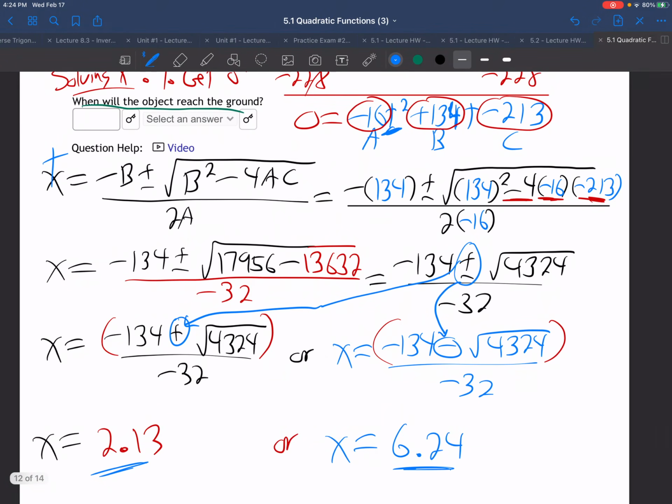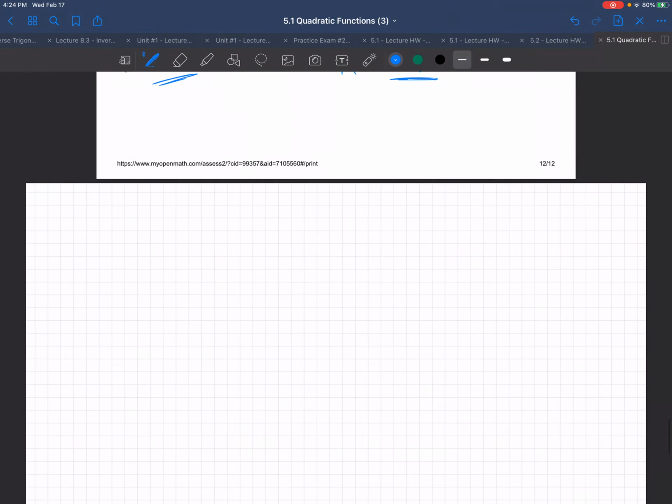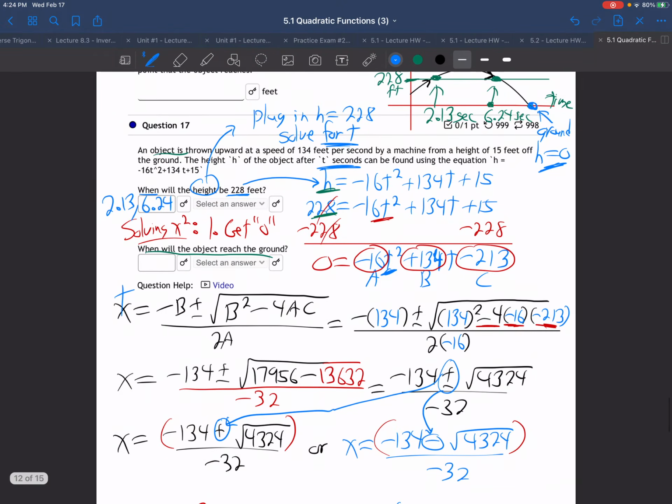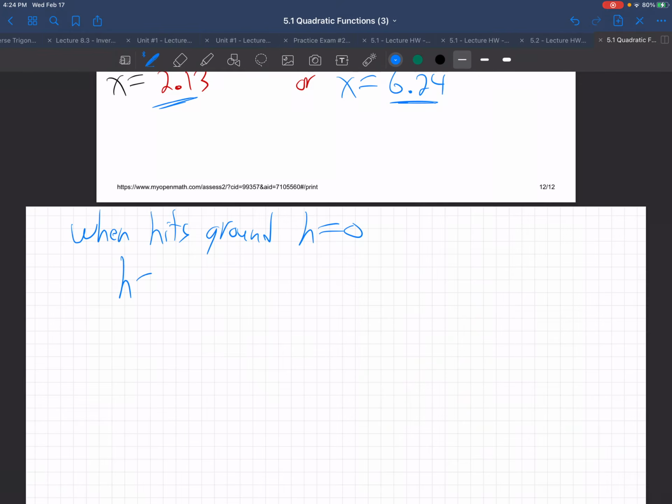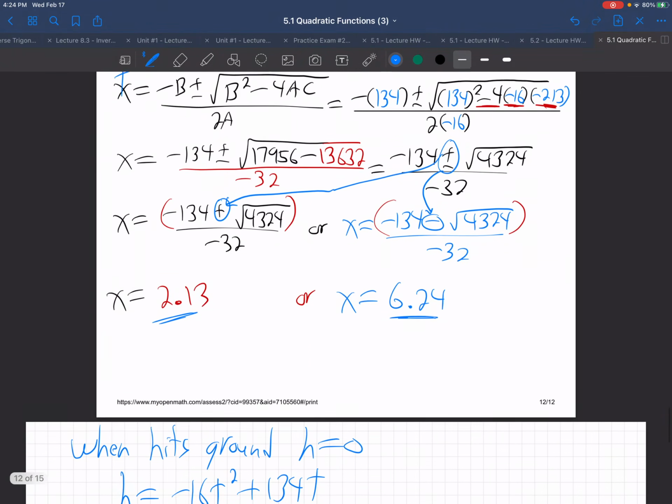So let's do that. Let me add a page here. When it hits the ground at that moment, the height is 0. So I take that equation, which is right here, h equals minus 16t squared plus 134t plus 15.